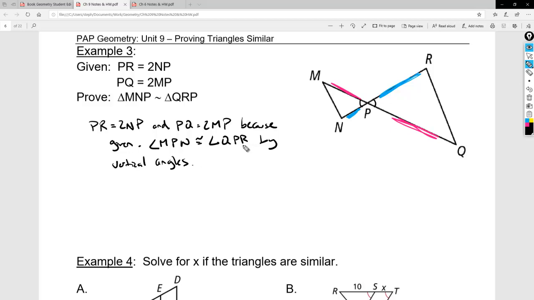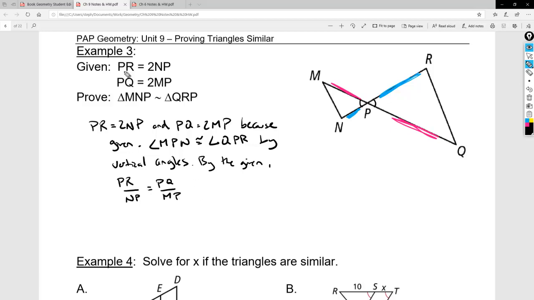Okay, so from here I can write a proportion. So I can say by the given, I know that PR is to NP as PQ is to MP. This could be by the cross product property.